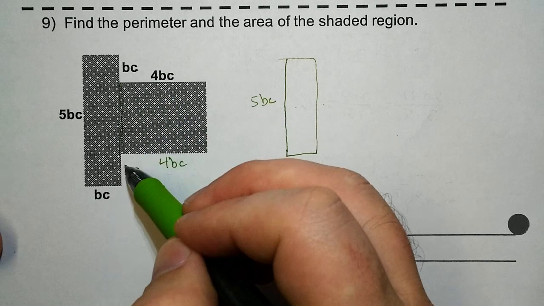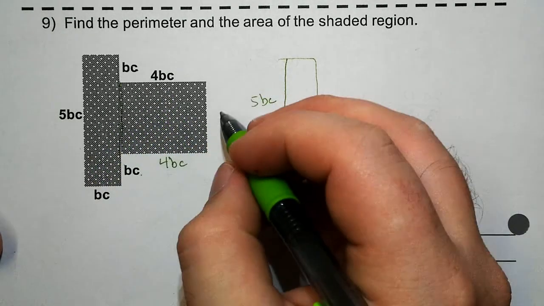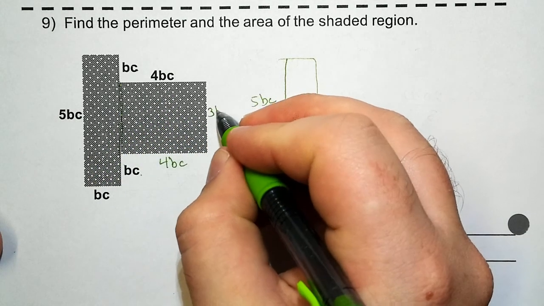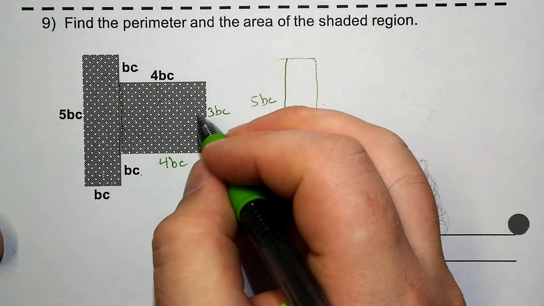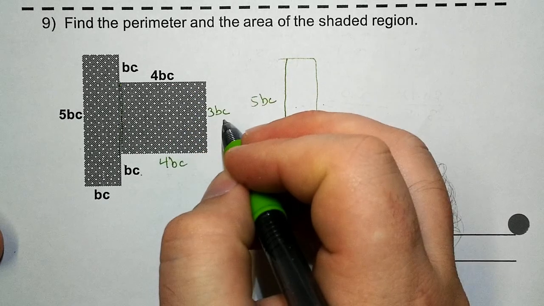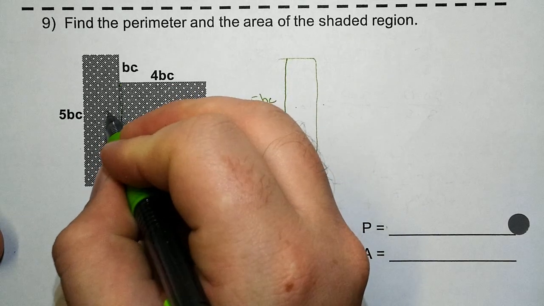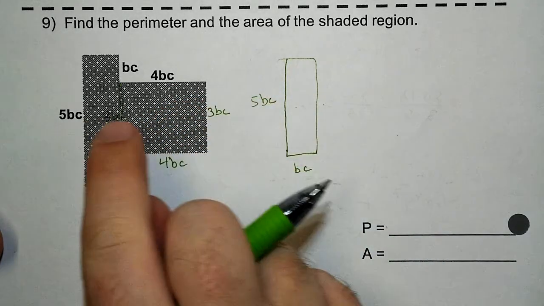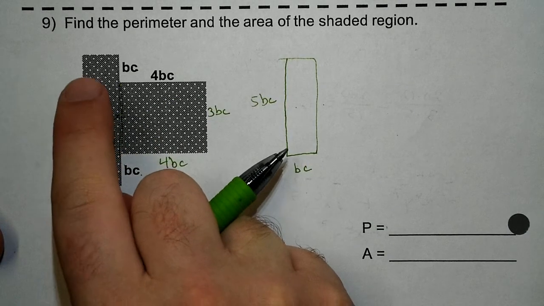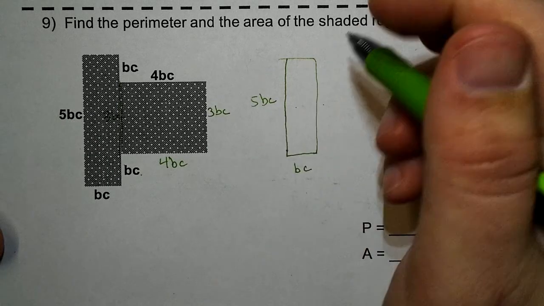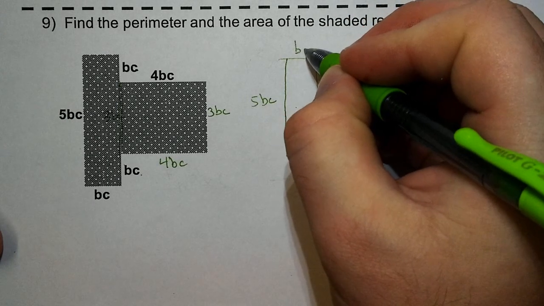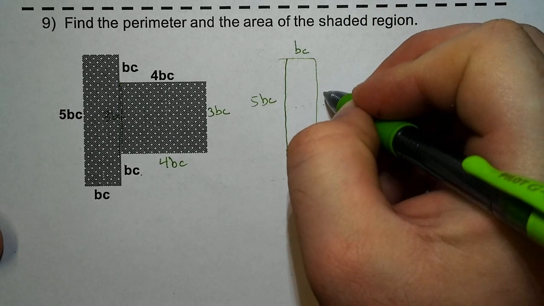Well, 1 plus 1 would be 2, so this side has to be 3 B C. So I have all my measurements for my big one, because in a rectangle, opposite sides are the same, and 3 B C, opposite sides are the same. For this other one, I know this side is 5 B C and this side is b c, so this side has to be b c and this side has to be 5 B C.